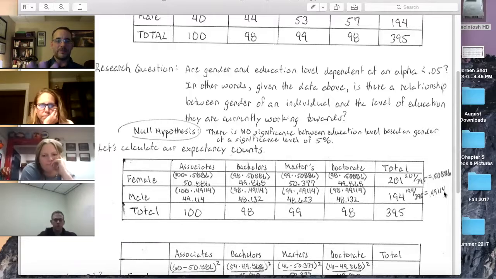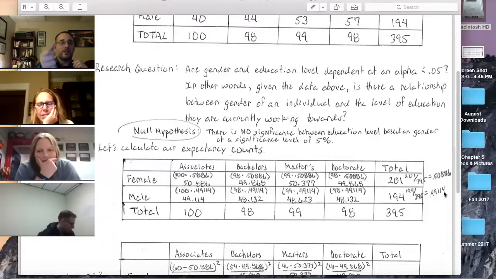Any questions about figuring out our probability levels for males and females in this example? Yeah, I don't have any idea where you came up with that number. Okay, if we flip a coin, it makes sense that the probability of getting heads is 0.5.